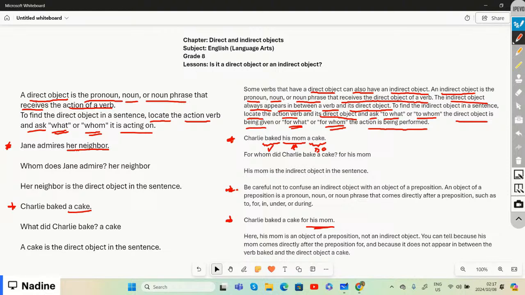The reason we say that is because remember we said an indirect object you will find between the verb and the direct object.